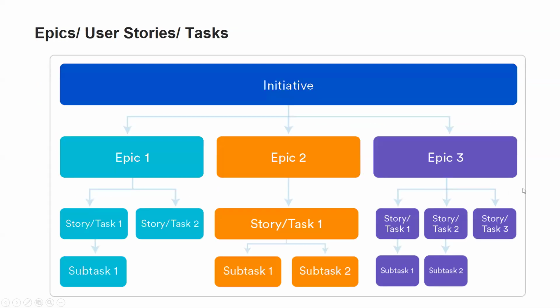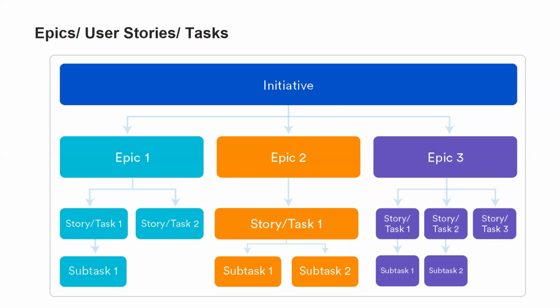So this is a high-level diagram of the activities that happen in Agile ceremony. So there is an initiative given by the client, and this initiative will be broken down into specific areas as epics and stories and subtasks, right? Epic is a large-scale part of this initiative.